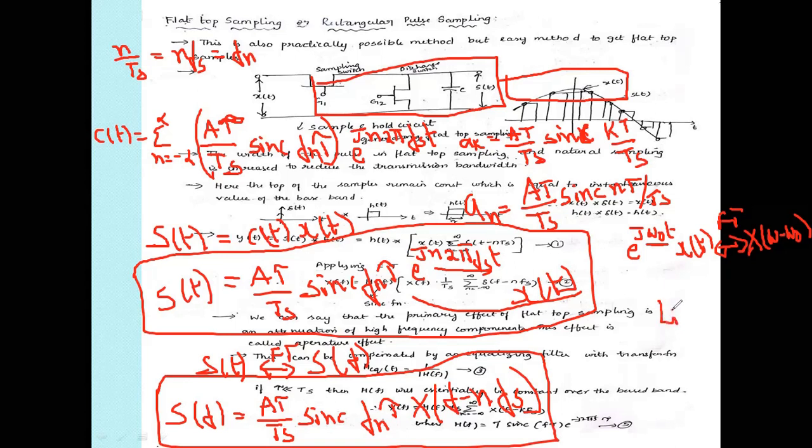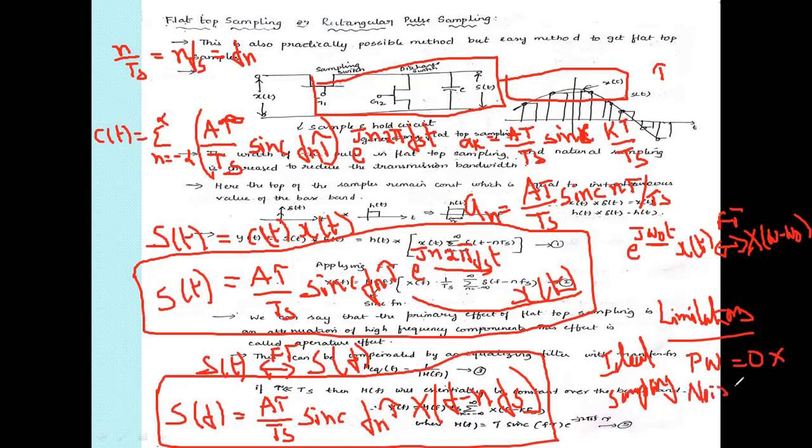That is the limitation of instantaneous or ideal sampling, the first sampling type. In this, the pulse width is 0 in the impulse train, but in natural sampling the pulse width is tau, not 0. In the ideal case also, the noise interference is very high.